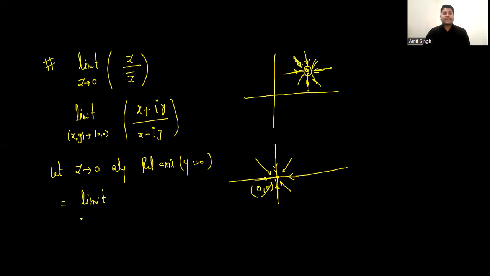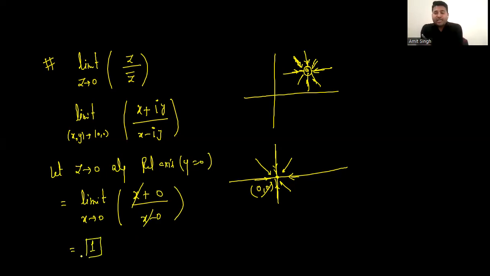We are going to put y as 0, so only x is left over here. x plus 0 over x minus 0. Now x gets cancelled out. So what am I getting? 1. So the limiting value of the function when we are approaching along the real axis is 1. Till now, I have considered only one path.